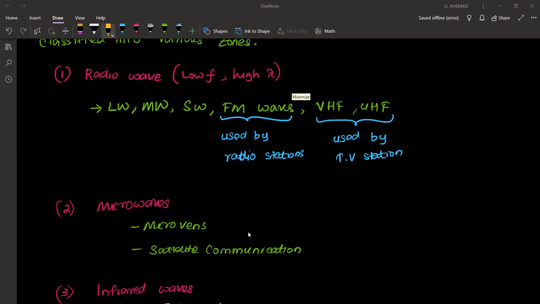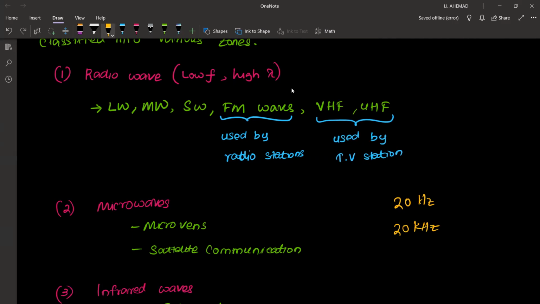Our eye can only sense a certain wavelength. Up to a certain wavelength only it can sense. So whatever is above that wavelength is not visible, and whatever is less than that wavelength is also not visible. Just like our hearing, we can hear between 20 hertz and 20 kilohertz, right?